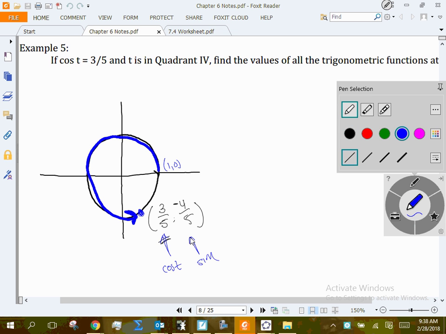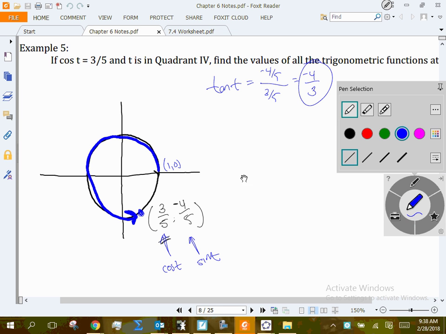That's sine of t. Can we figure out what tangent of t is? What's tangent of t? It's y over x, right? Or sine over cosine. So it's negative 4/5 divided by 3/5, so it gives me negative 4/3.